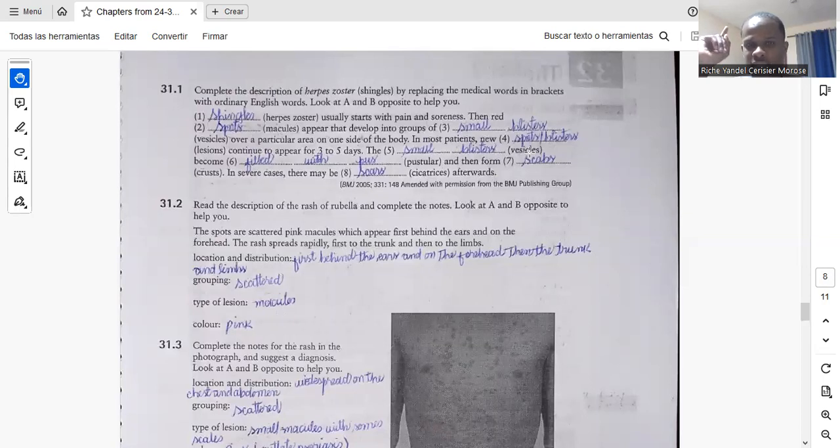In most patients, new crops of blisters continue to appear for 3 to 5 days. The small blisters, vesicles, become filled with pus and then form scabs. In severe cases, there may be scars afterwards.